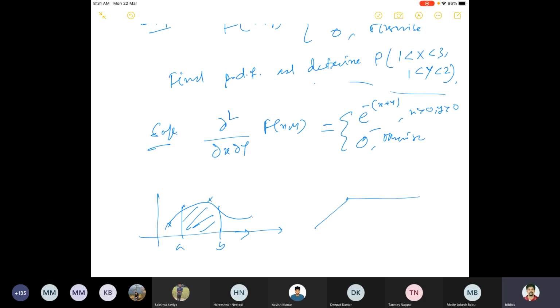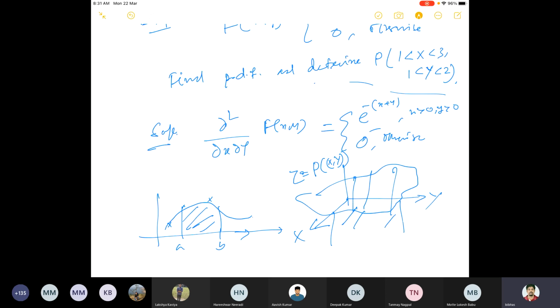But here, what is happening is here we have x, and here y, and let's say this is like p of xy, a kind of z-axis. Suppose you have some domain, then you have these probability values if it is a discrete case. Otherwise, there is a joint density function, which is already given to you.